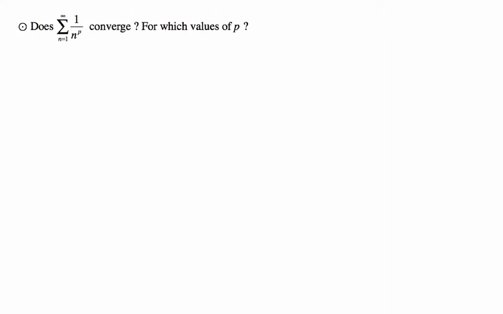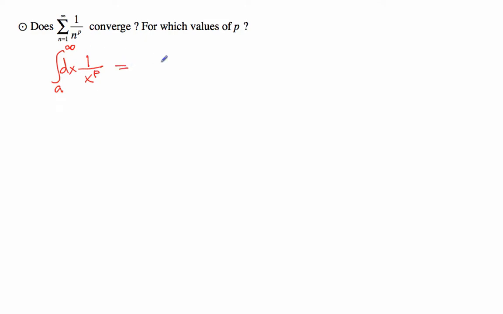Let's see how the integral test works out and helps us decide whether this series over here converges or diverges, and for which values of p. So let me take this integral. Here I have f of x, which I'll take to be 1 over x to the p, and the integral goes from some number a, which is not important, up till infinity.